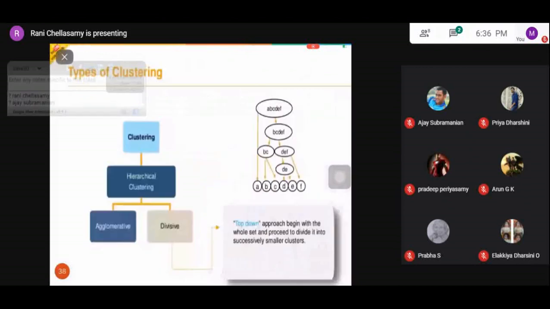It begins with the whole set of data points and proceeds to divide successively. The division is made successively until each individual element is formed as its own cluster. That methodology is divisive clustering, that is, it follows the top-down approach.